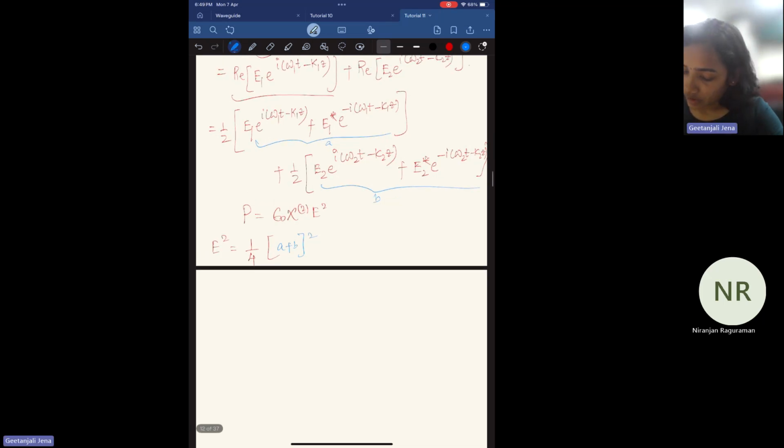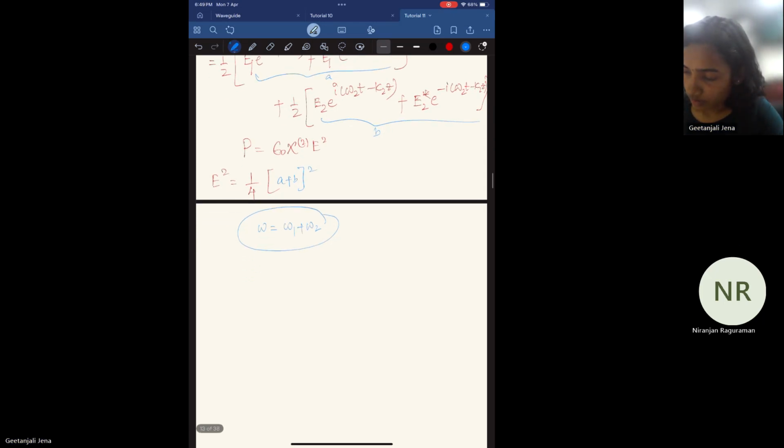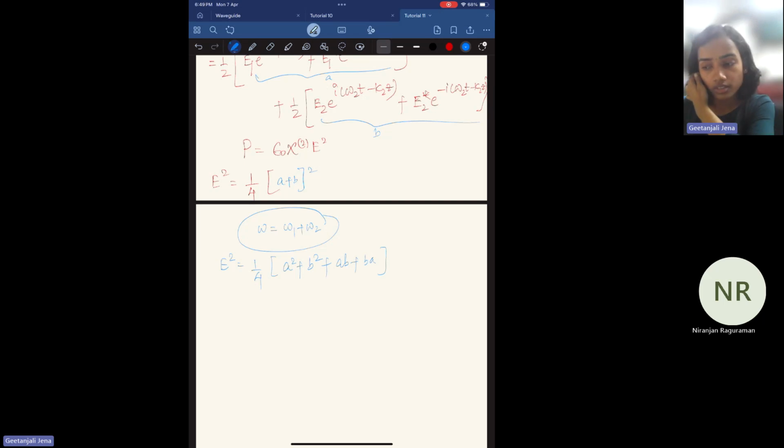What we need are the terms which have omega 1 plus omega 2, which is nothing but the sum frequency generation. For this, E squared is giving 1 by 4 (A squared plus B squared plus AB plus BA), which is nothing but 2AB, right?